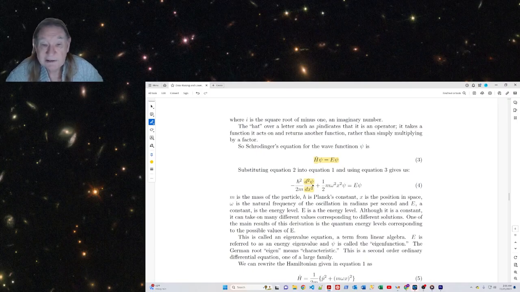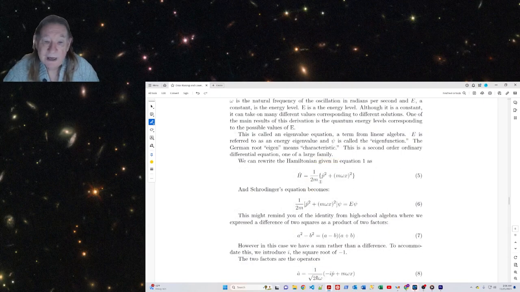It's linear because psi doesn't get squared. It just gets multiplied. A number gets multiplied by psi, or the derivative gets taken. So if you had two wave functions, two solutions, you could add them together and the sum would be another solution. That's what's meant by a linear equation.